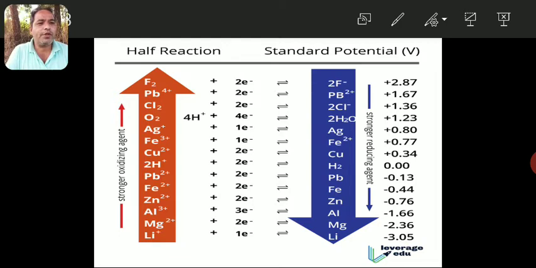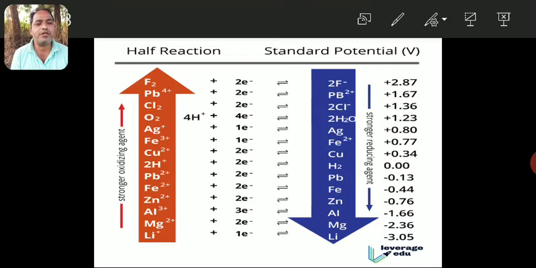Then below that 0.00 volt, there is minus 0.13 volt. Then below that again minus 0.44 volt, till the last one, minus 3.05 volt. That means below hydrogen the value goes on decreasing, and above hydrogen the value goes on increasing.